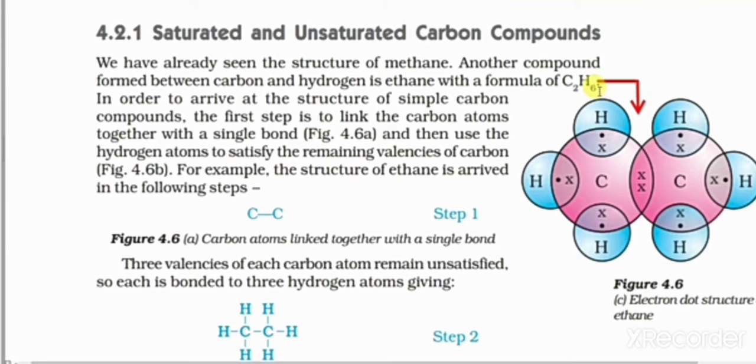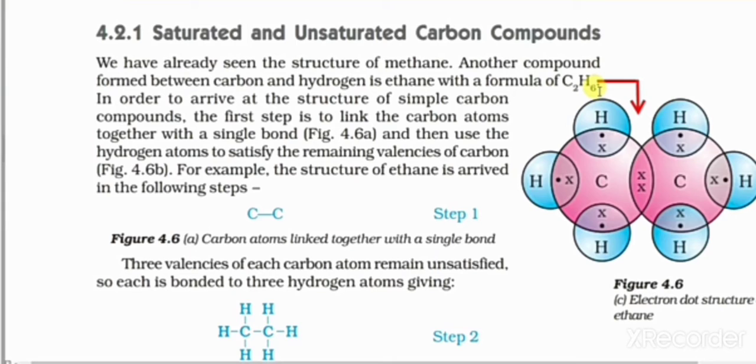Already you know there are 4 valence electrons present in carbon. One valence electron is combined with another valence electron of another carbon. There is a formation of a bond between the two carbon atoms. The other 3 valence electrons are remaining. Those valence electrons are combined with hydrogen atoms.